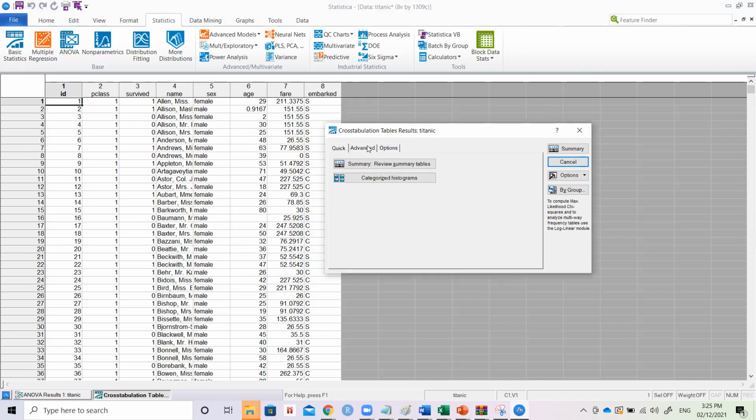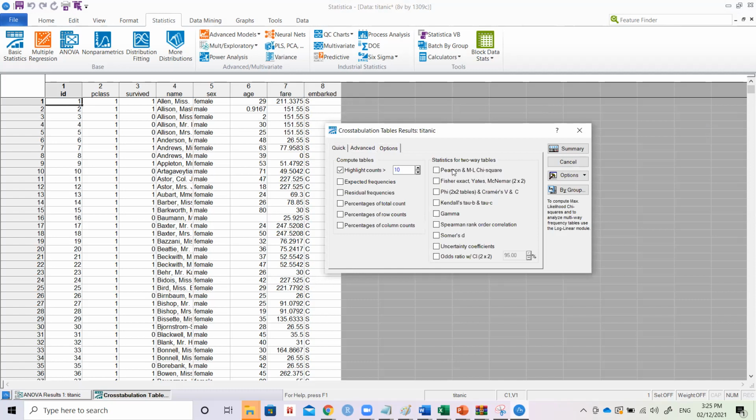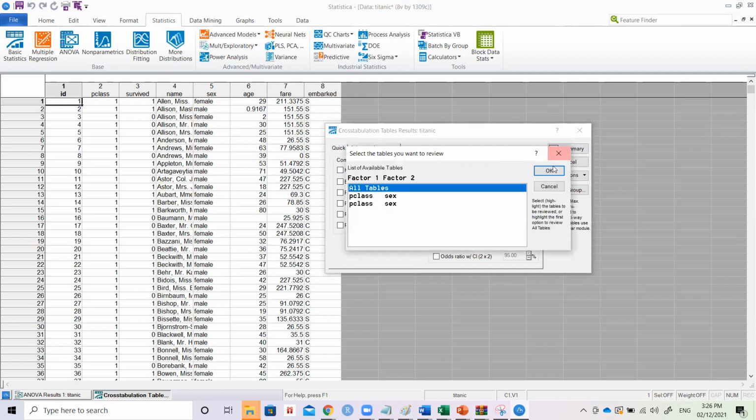So let's look at advanced and options. Ayan. Check this one, Pearson chi-square. Yan lang. So if you check this, it's gonna highlight counts greater than 10. Let's uncheck that kasi counts are all greater than 10, right? So P class X, sige.